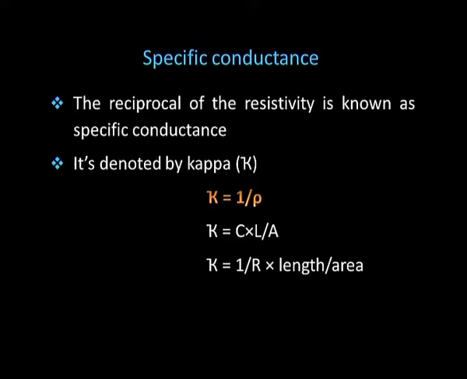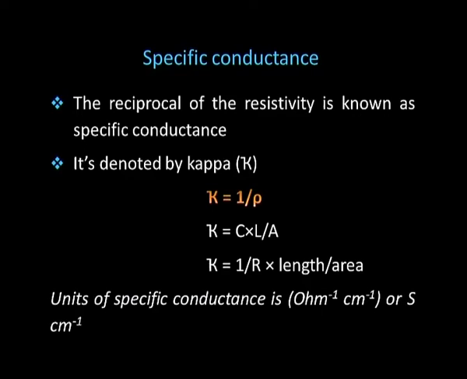Therefore, kappa is equal to 1 by R into length divided by area. The unit of specific conductance is per ohm per centimeter, or S, that is Siemens per centimeter.